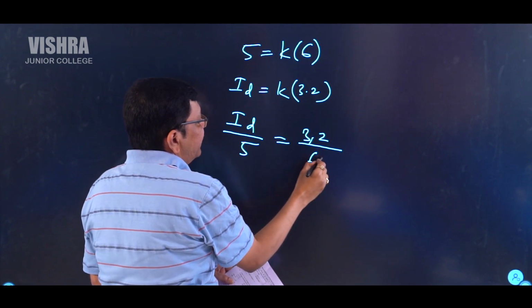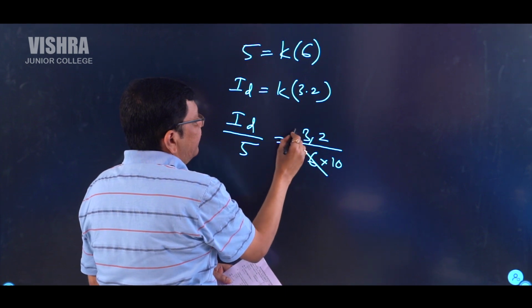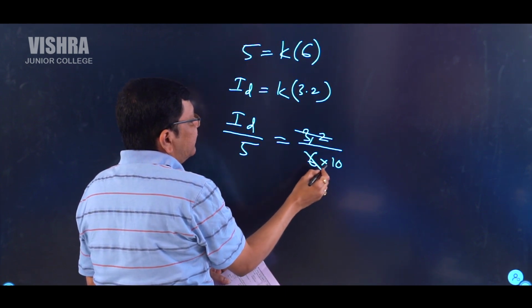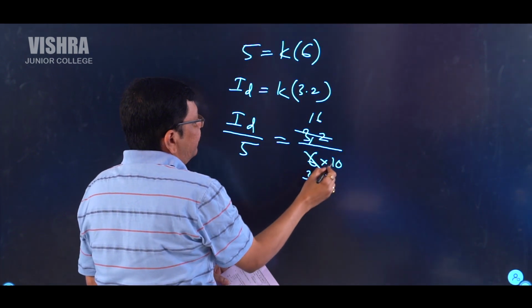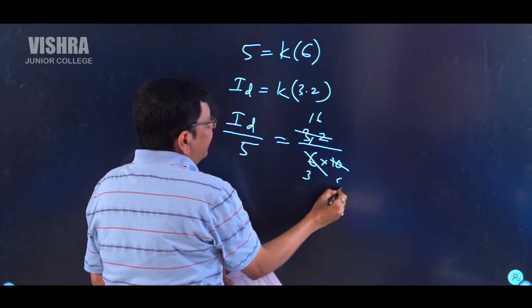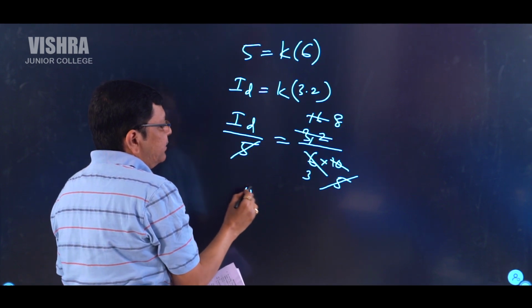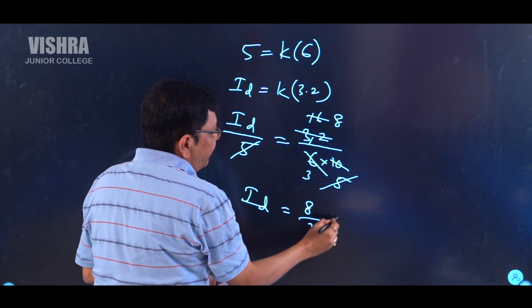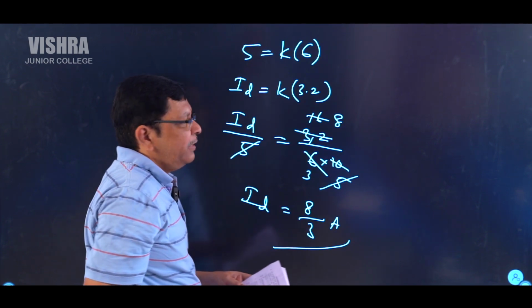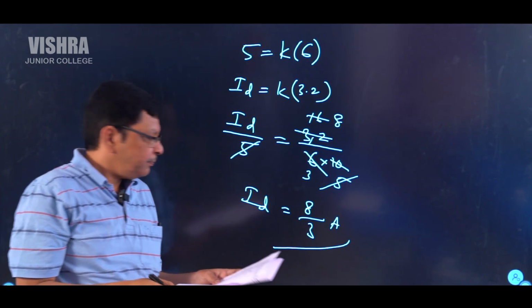If you remove the decimal point, it is 32 over 10, then 6. Here we can cancel: 2 threes are 6, 2 sixteens are 32, 2 fives are 10, 2 eights are 16, and one 5 we can cancel. So I'll get displacement current as 8 over 3 ampere. It is also an easy problem. Now let me go to the next one.